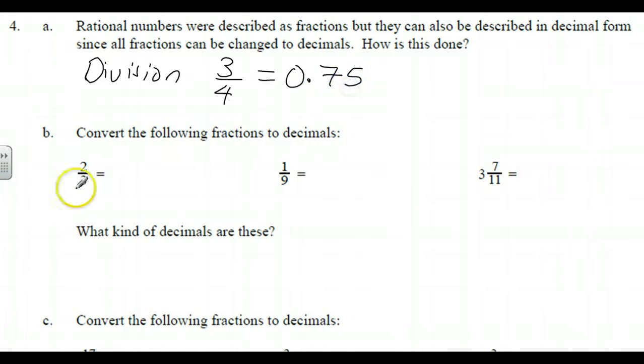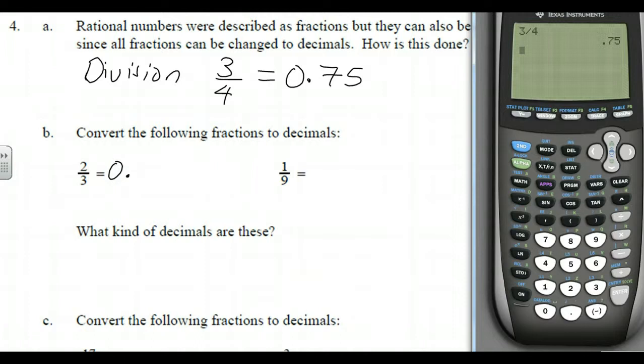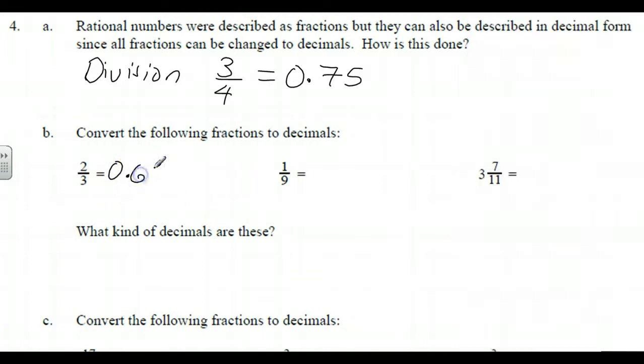You divide 2/3. Here, let's do this here. 2 divided by 3. Enter. 0.666666667. Your calculator's rounding the last decimal place here, right? That's a 7.